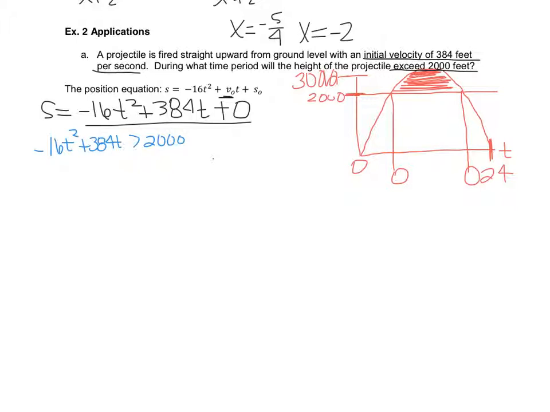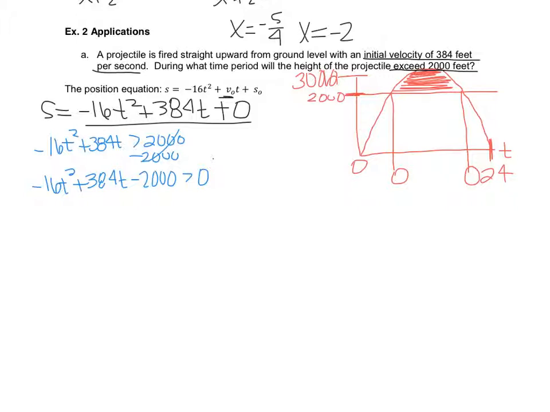Okay, now we're going to follow the same steps that we would follow solving our polynomial equations. So first thing you're going to do is move everything to one side, which means I've got to move the 2,000 over. So negative 16t squared plus 384t minus 2,000 is greater than 0.